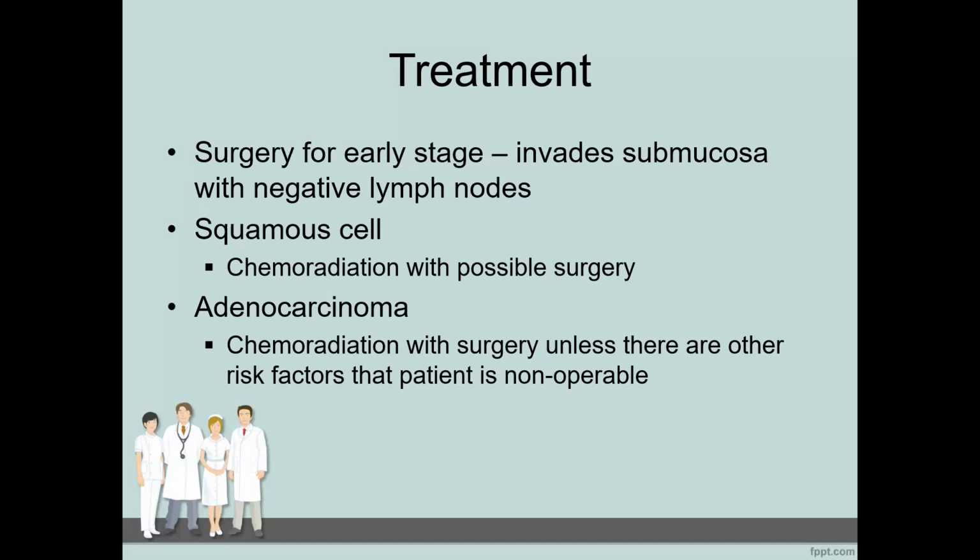So the patient will get the chemoradiation, they'll do a CT scan to see how well the tumor responded to that treatment, and then decide whether the patient can go on to have surgery or not. For adenocarcinoma, chemoradiation with surgery is recommended unless the patient has other risk factors that would deem them non-operable, such as comorbidities or their age.